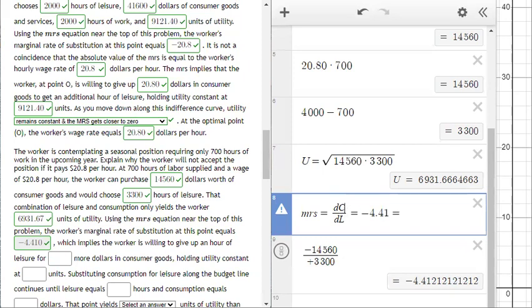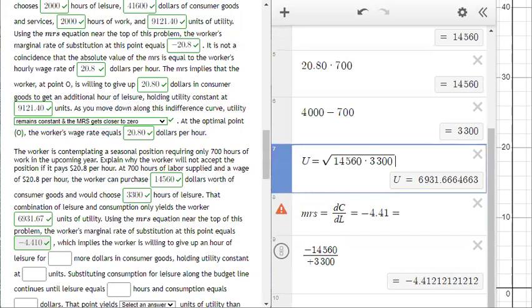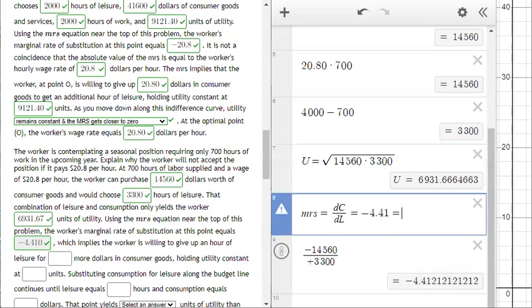The marginal rate of substitution is two parts: the change in consumption for some change in leisure. So instead of trying to interpret one number with two components, I'm going to put the negative 4.41 in a fraction, negative 4.41 over a positive 1. So our leisure is going up by 1, our consumption's fallen by 4.41.